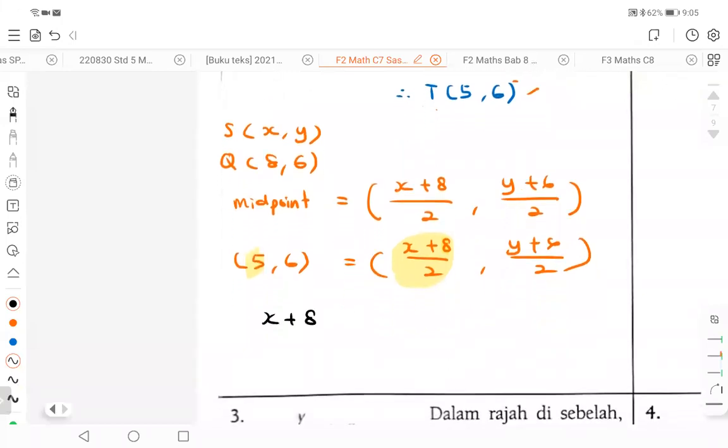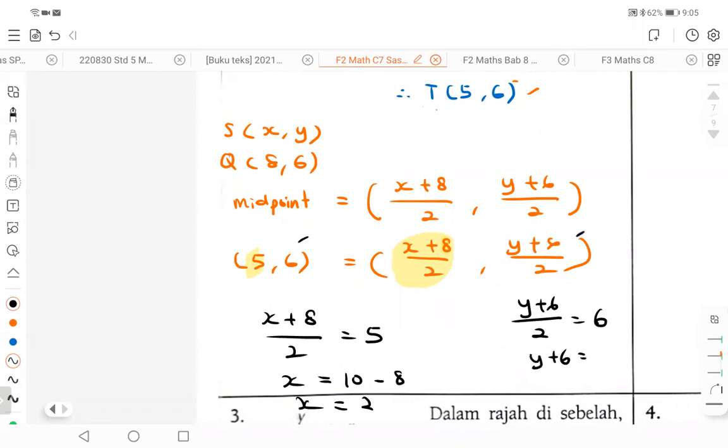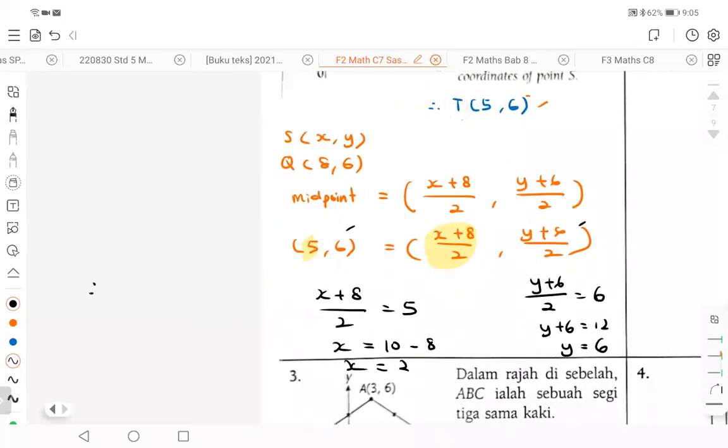X plus 8 over 2 equals 5, so x equals 10 minus 8, so x is 2. The other side, y plus 6 over 2 equals 6, so y plus 6 equals 12, so y equals 6. So S equals (2, 6).